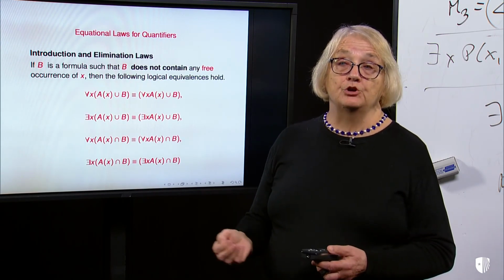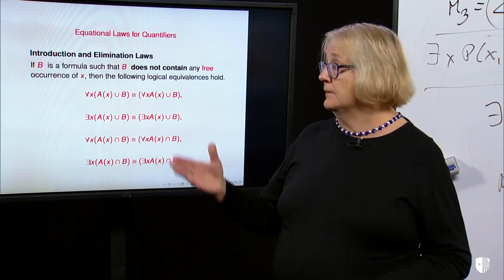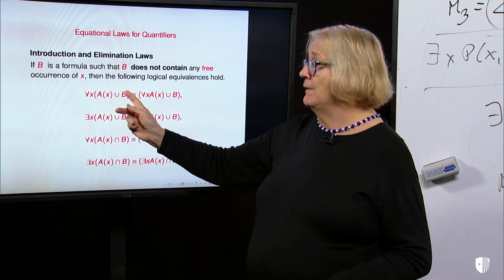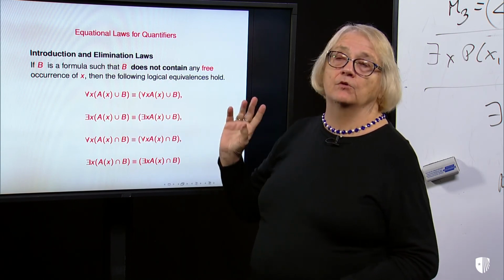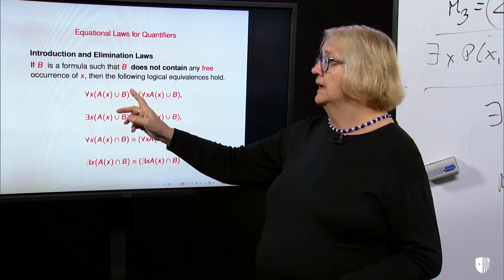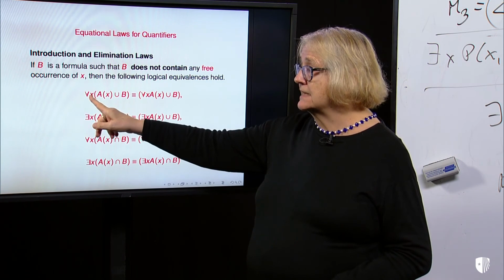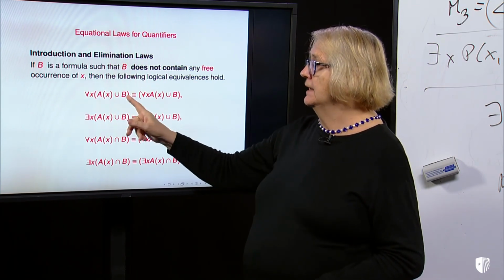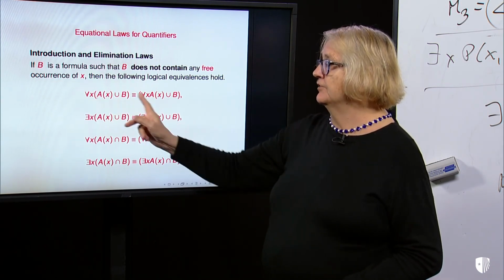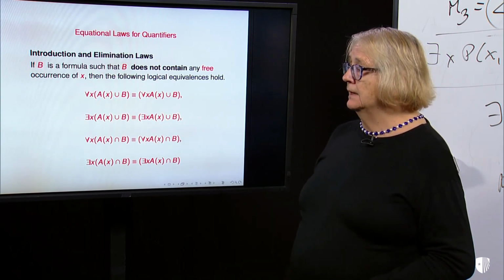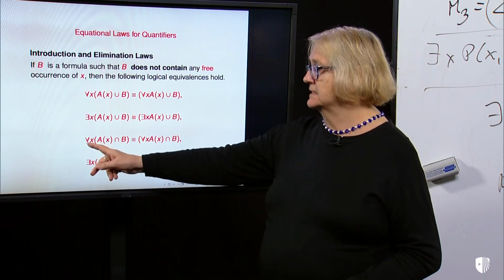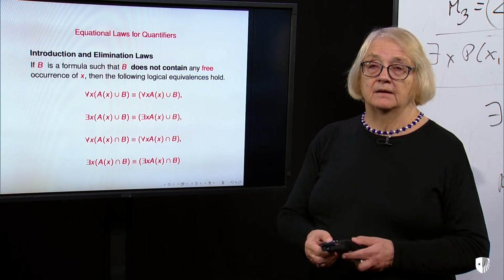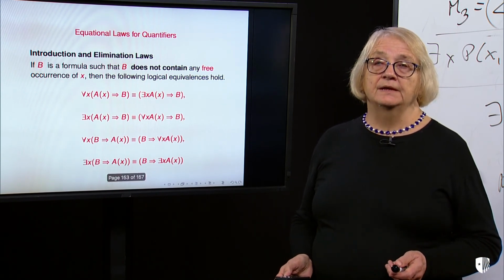And then you have introduction and elimination laws. You can have for all x, where B here is a formula which does not contain a free variable x. You see, this x binds that, but x is non-existent in B, so you can distribute this over that and keep B, and the same for existential, and the same for conjunction and for disjunction.